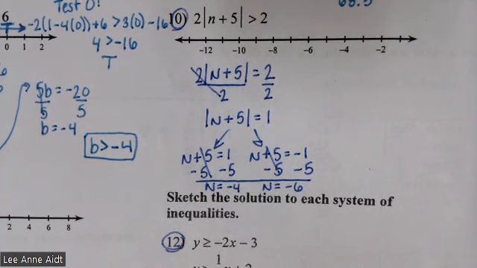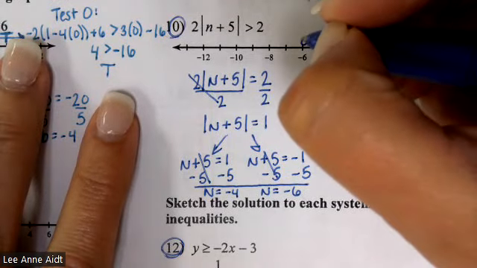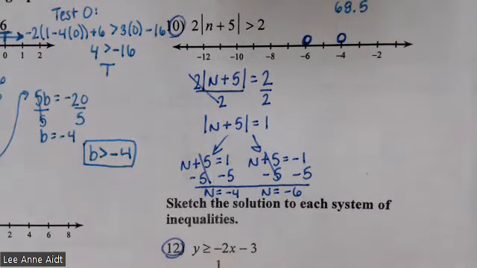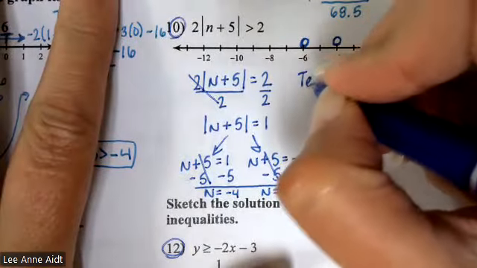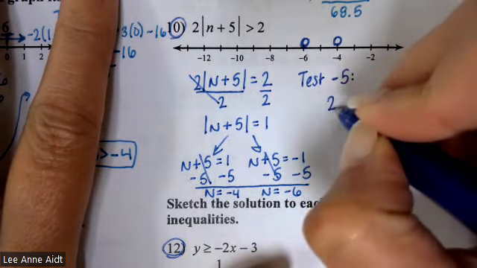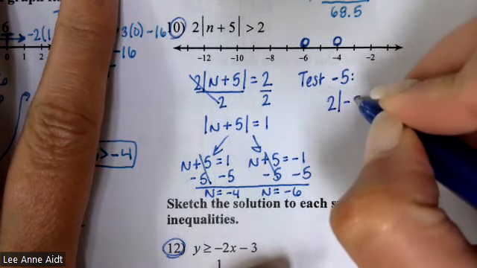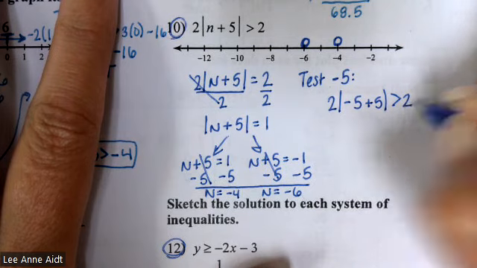All right, everybody, open or closed on -4 and -6? Open. Great job. What point makes the most sense for me to test? -5. 2 times the absolute value of -5 plus 5 is greater than 2.